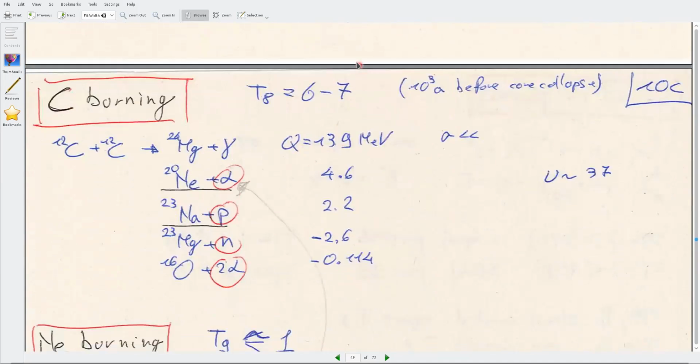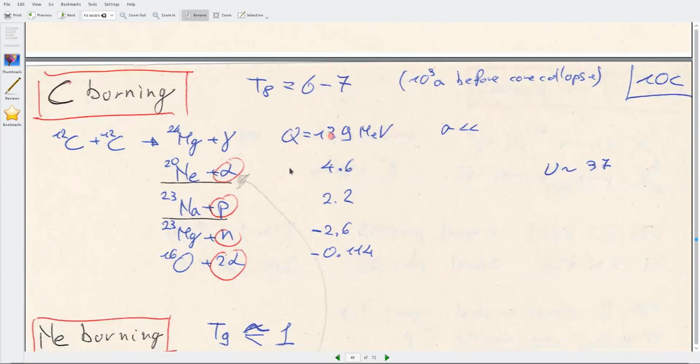The burning will be higher. Helium burning happens at 100 million degrees. We are at 6, 7. And you see, we are like 1,000 years away from the core collapse. When the carbon burning starts, the star will collapse at the end. No other way.